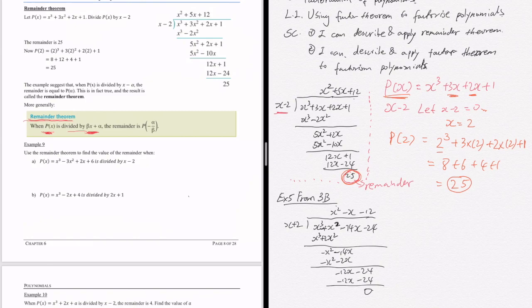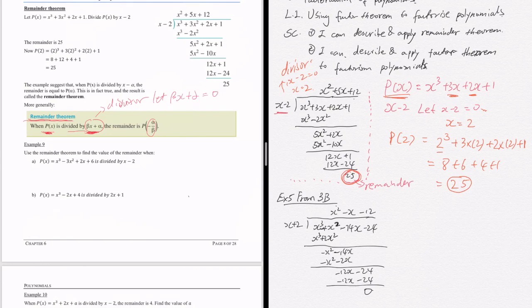Alright, so you're probably wondering where this is coming from. It's the same as what we did here. Because this is my divisor, if I let x minus 2 equal to 0, then x will be equal to 2. Same for the remainder theorem: I let beta x plus alpha equal to 0.